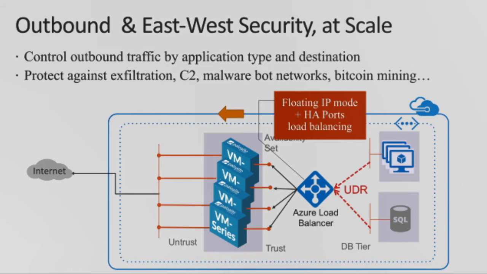The floating IP feature is an idea that normally when a load balancer sends traffic to its next hop in the load balance pool, it always destination NATs that traffic to the next hop. Well, if you imagine outbound traffic, let's say a Linux VM is trying to go to ubuntu.com. If the load balancer destination NATted that packet, we will not see the destination that was originally intended, which is ubuntu.com.